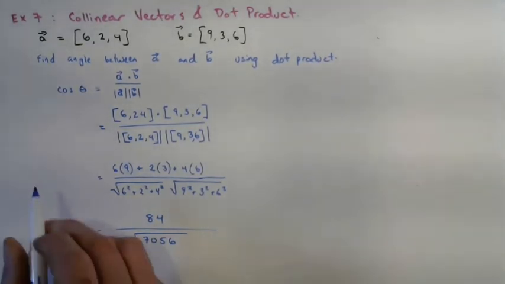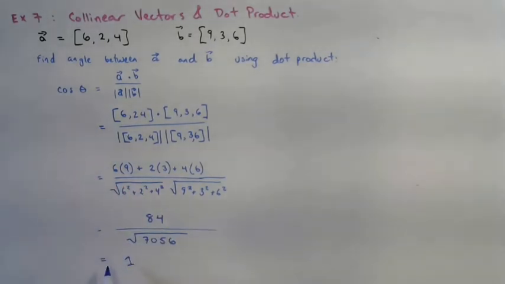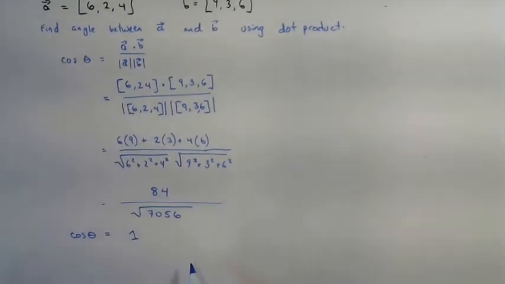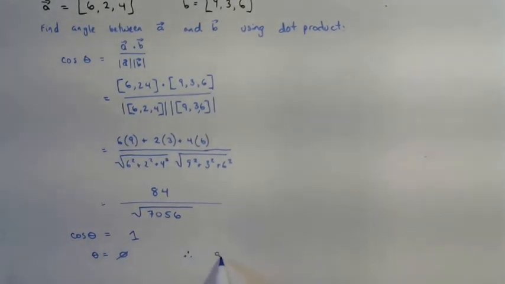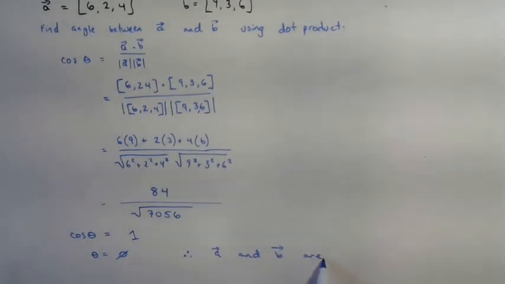So the cosine of theta is 1. Well, where does that happen? That happens when theta is 0. You can take the inverse cosine of 1, and you get theta is 0. Therefore, A and B are collinear.